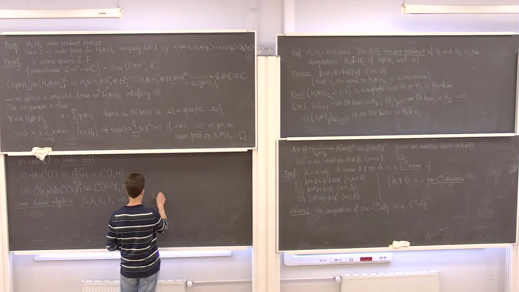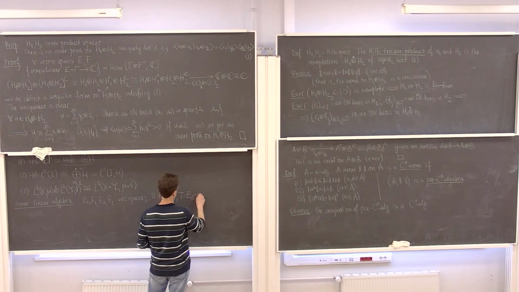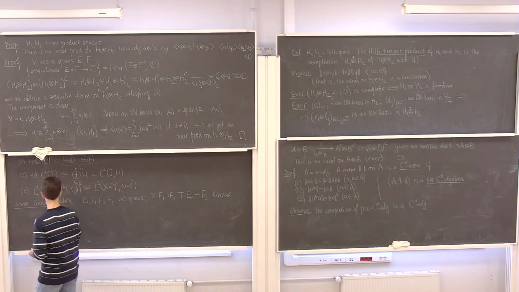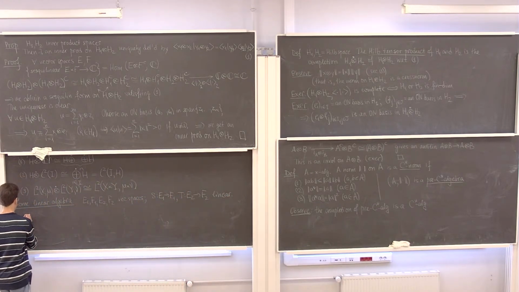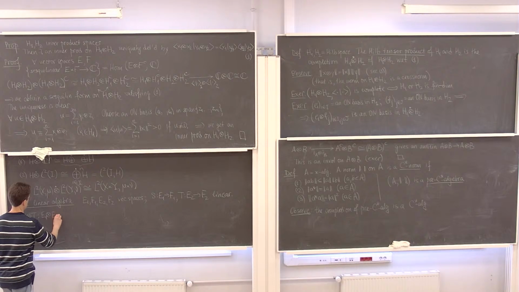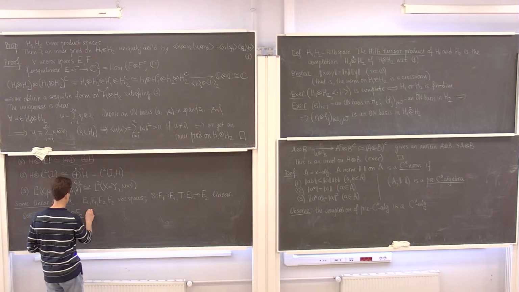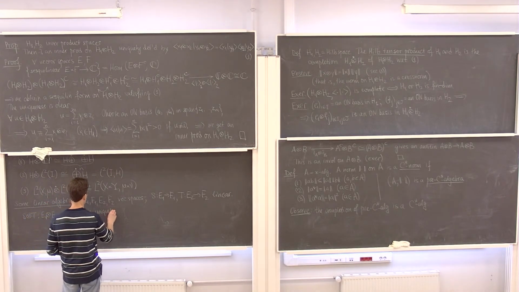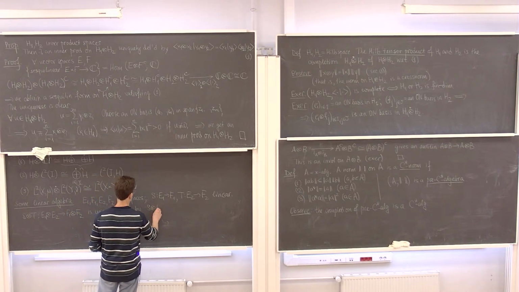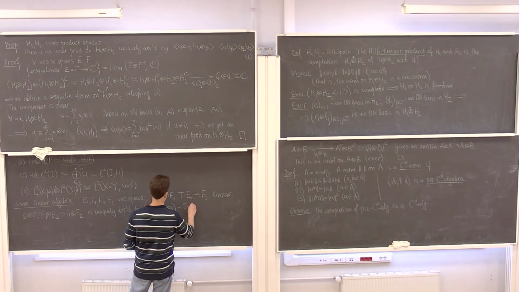S is a linear map from E1 to F1, and T is a linear map from E2 to F2. Then we can form the tensor product map S tensor T, which acts from E1 tensor E2 to F1 tensor F2. And this linear map is uniquely determined by the following formula. It takes every elementary tensor x tensor y to the elementary tensor Sx tensor Ty.